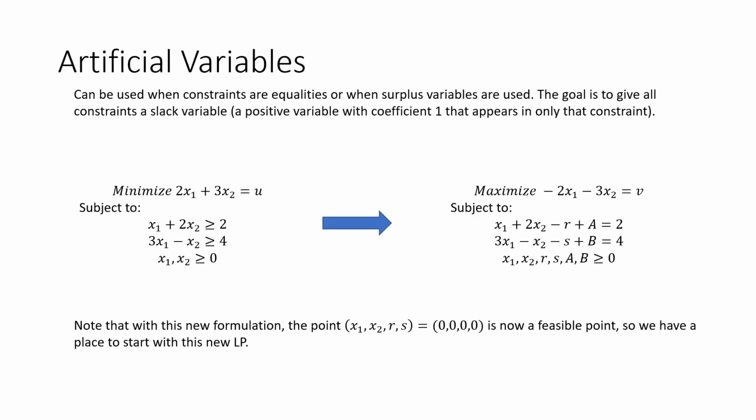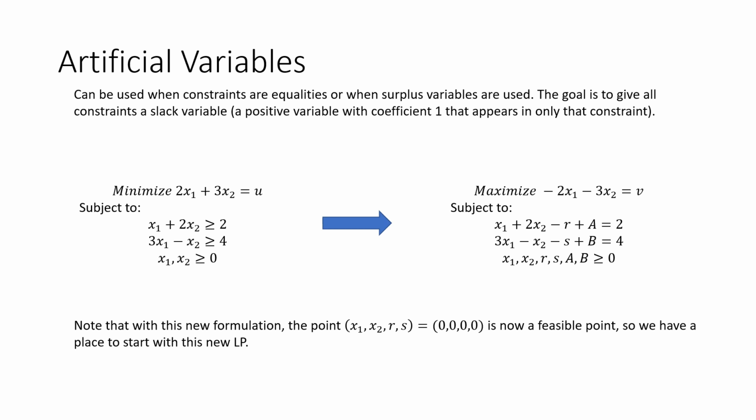So an artificial variable is used where we need a starting point that's in the feasible region, but the point where all of the variables are 0 is not a feasible point. The goal with artificial variables is to create a positive variable with coefficient 1 that appears in only that constraint.